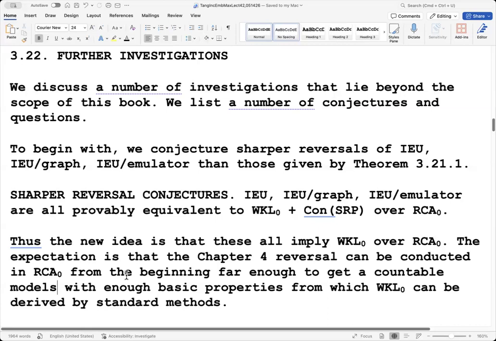Recursive WKL naught might be enough to prove, is that enough to prove, interesting, is it? I think that may be enough to prove with con SRP, enough to prove IEU.